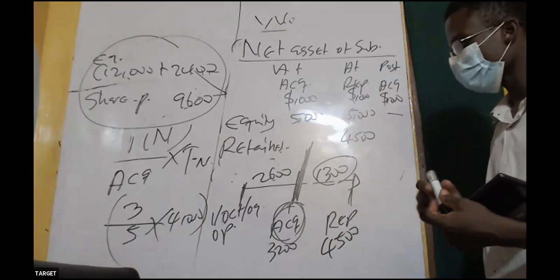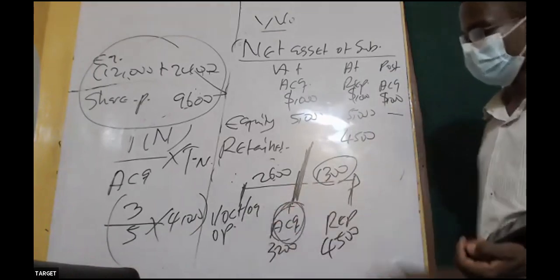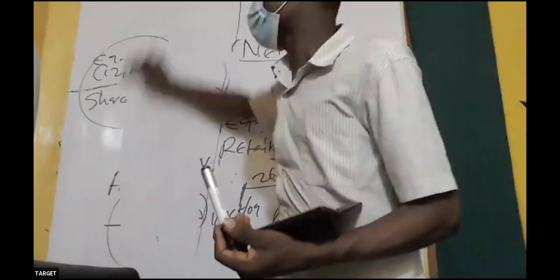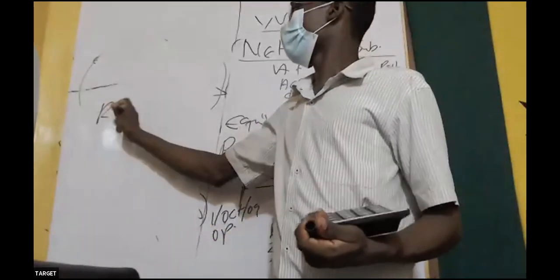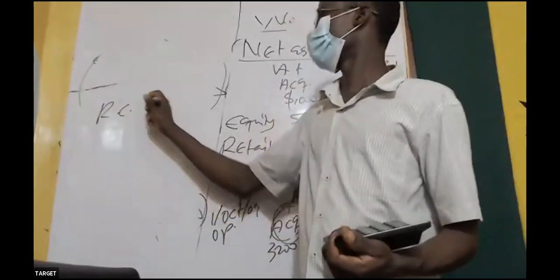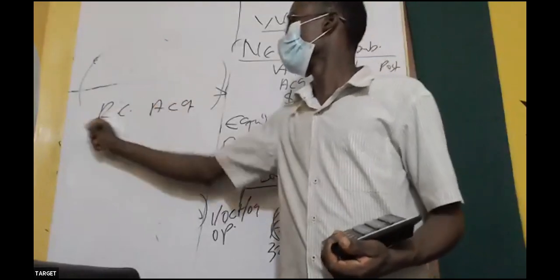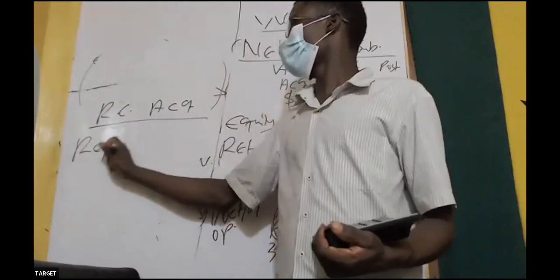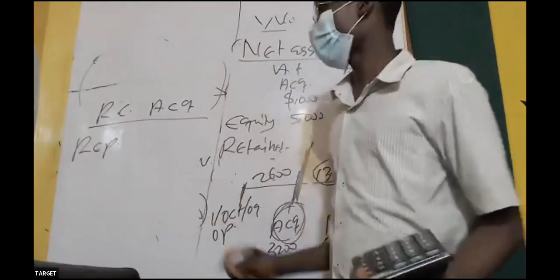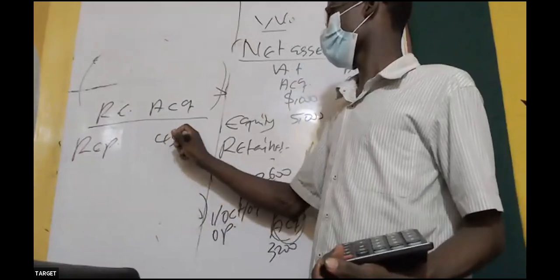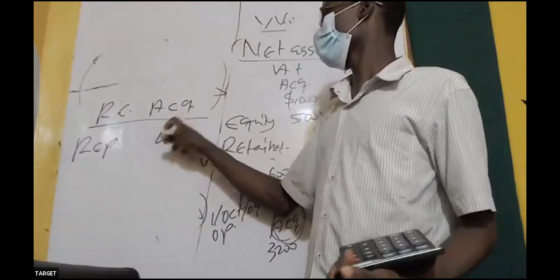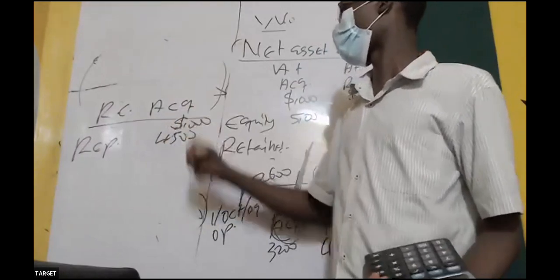I can also start from here. That is the alternative. So to calculate the retained earnings at acquisition, computation. The first formula, we started with the retained earnings at reporting. So at reporting is $4,500 on top, 3 zeros.